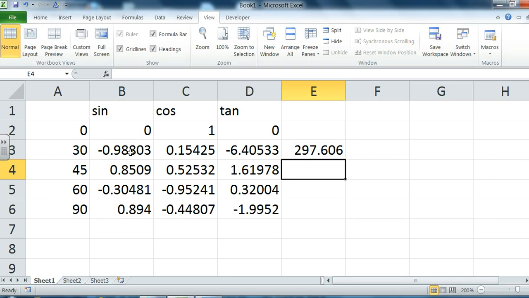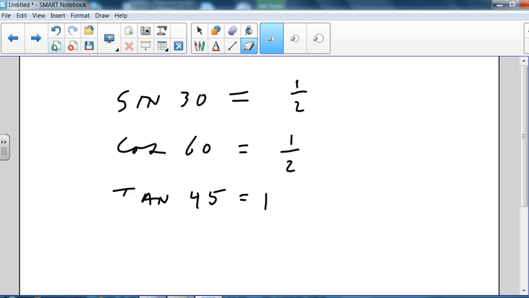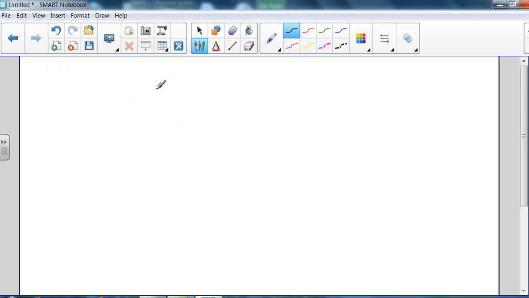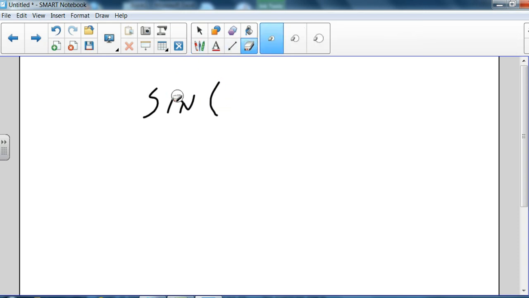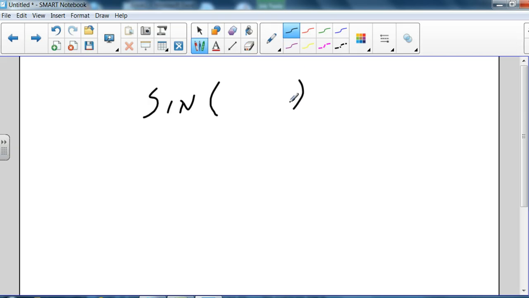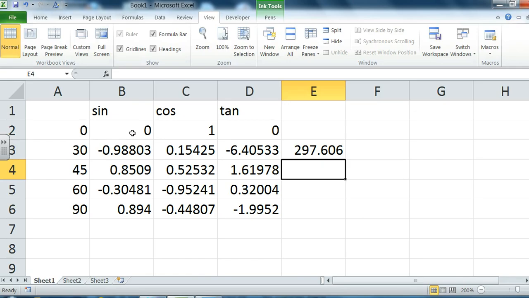Well, something's going on. What is it? The problem is that the sine function in Excel is expecting an argument. The argument is what goes inside the parentheses. It's expecting an argument in radians. So 0 degrees is 0 radians.